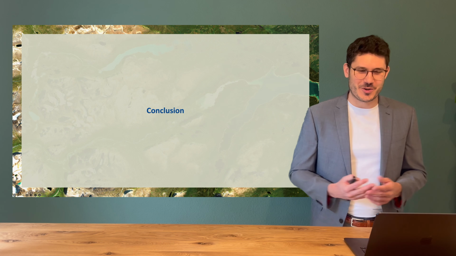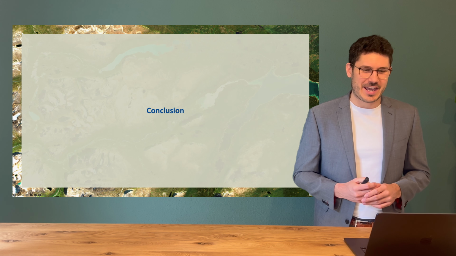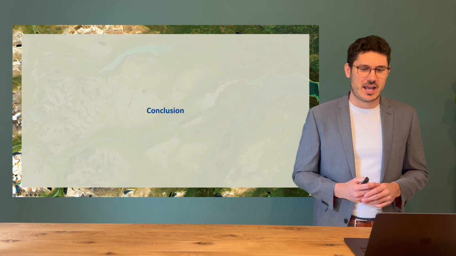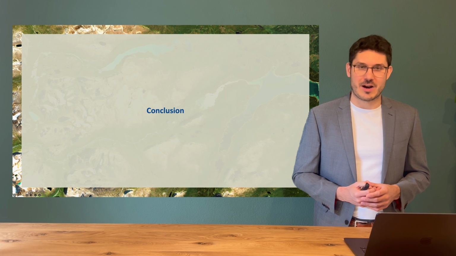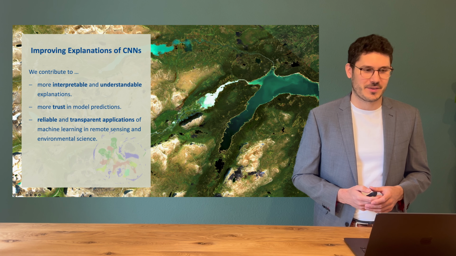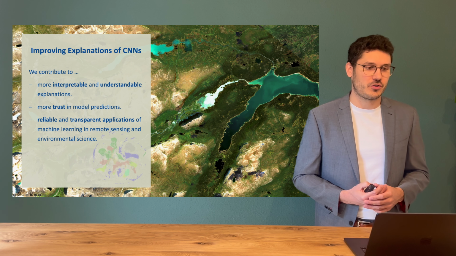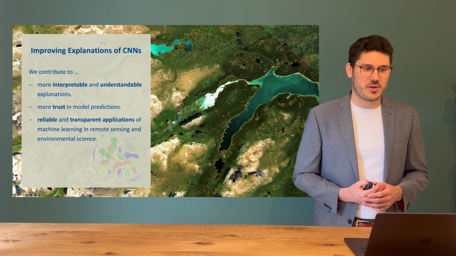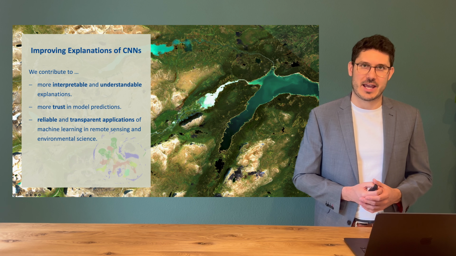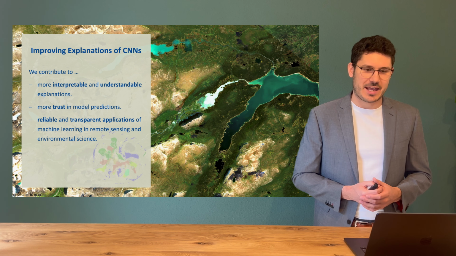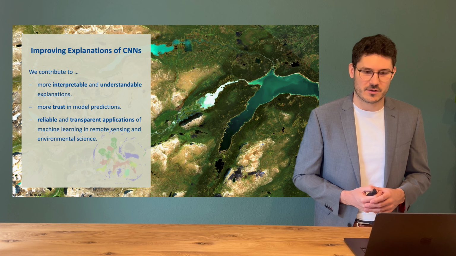I've already included some smaller conclusions along the way, and now at the end of my presentation I will give you an overall conclusion about our overarching contributions. By improving the explanations of convolutional neural networks, we contribute to more interpretable and more understandable explanations. And this supports more trust in model predictions.